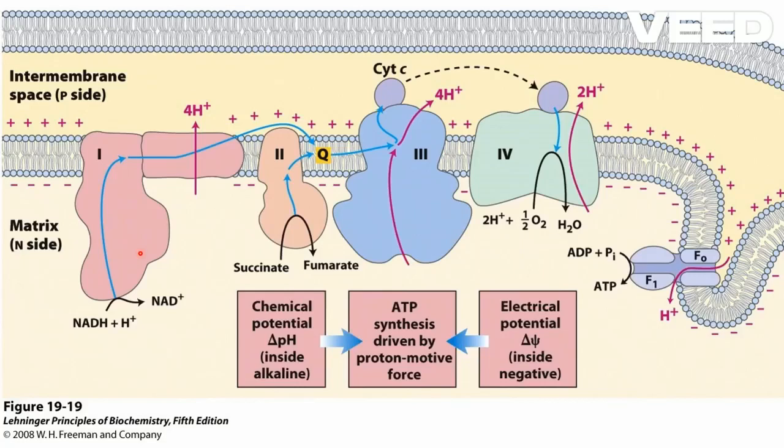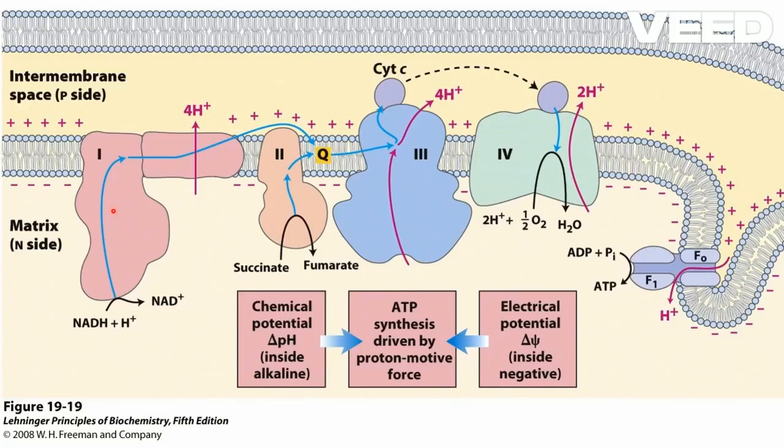This is also called NADH dehydrogenase. As the name suggests, it removes H from NADH plus H positive. So NADH transfers its electron to this complex 1 and becomes NAD positive. When complex 1 receives an electron, it becomes a high energy complex.